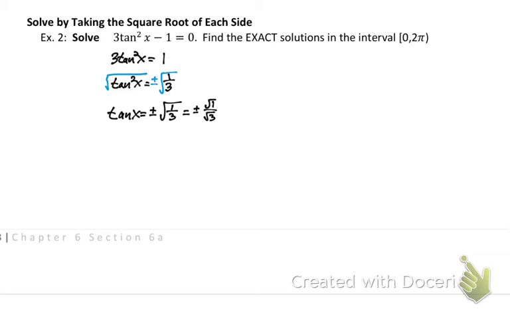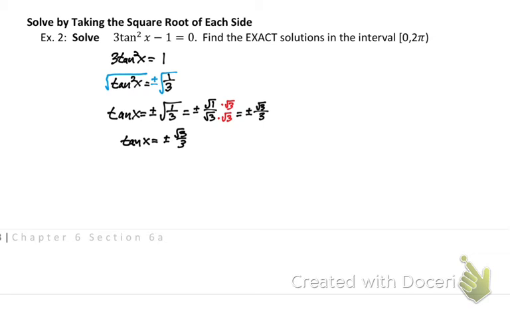What do we do to get rid of a square root in the denominator? Multiply by that square root. So if I multiply the bottom and top by square root of 3, I'm going to have plus or minus square root of 3 over 3. So this whole thing is looking, where is tangent equal to positive or negative square root of 3 over 3?